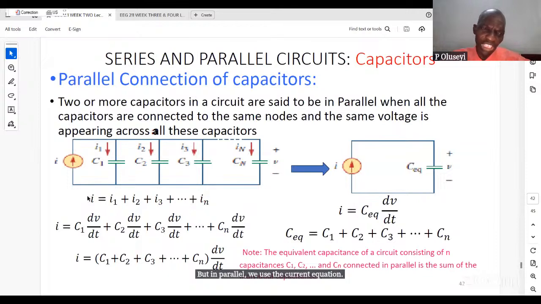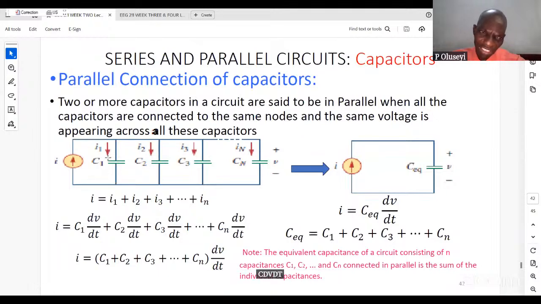And how does the current equation go? I equals all the branch currents, to get the total current in the source. Each current has its own definition, which is I equals C dv/dt, from our knowledge of capacitors.